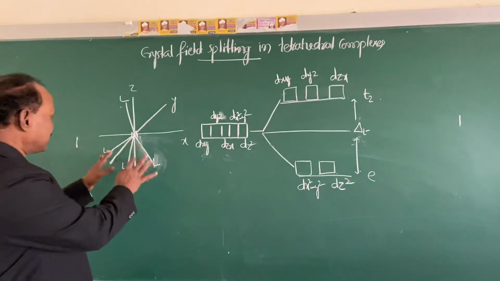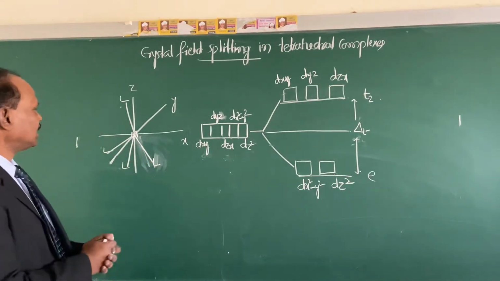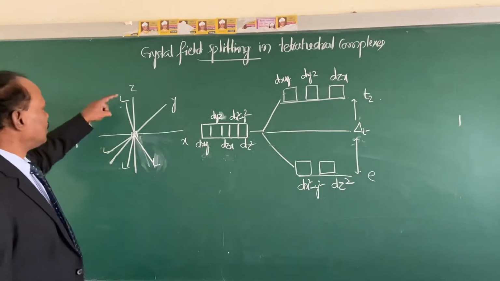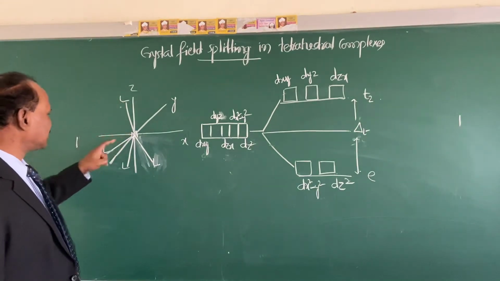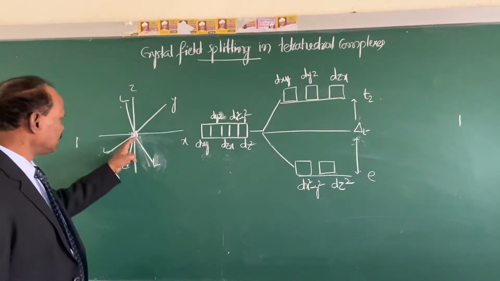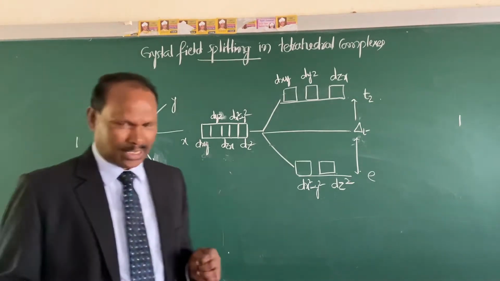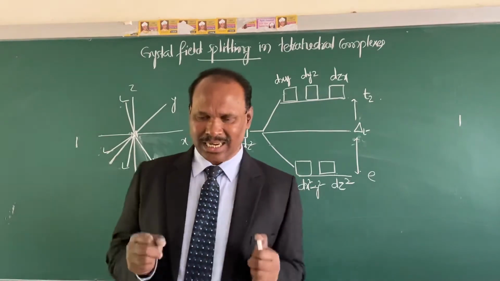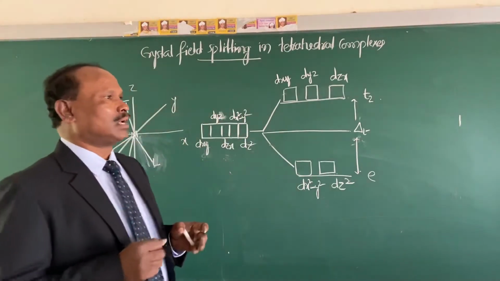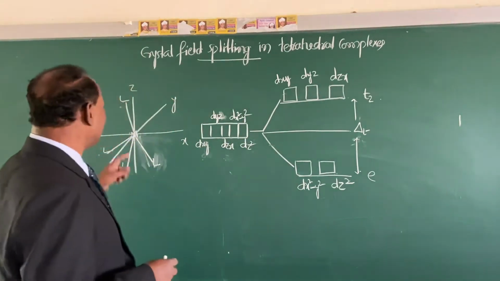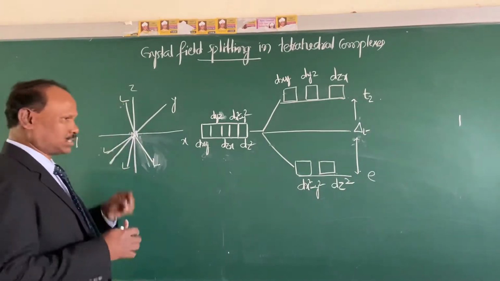Now when you look at this tetrahedral geometry, the ligands are approaching this central metal ion between the axes. I repeat this, the ligands in the tetrahedral complexes approach the central metal ion between the axes.